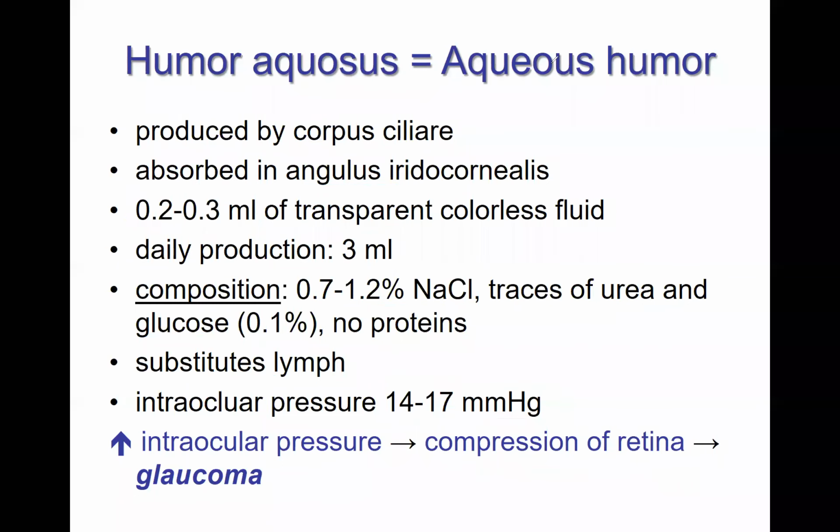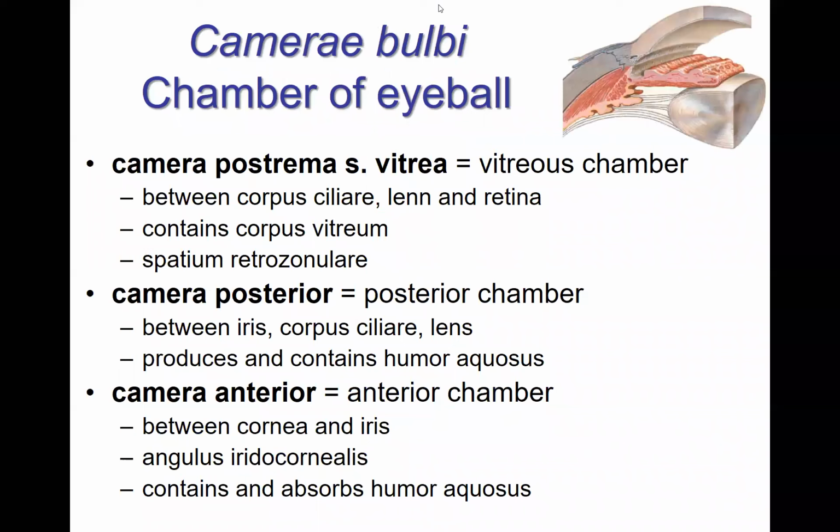So how does the humor aquosus circulate? For that we need to talk about the chambers, but we already know the chambers. This is the anterior chamber, yeah, between cornea and iris. Then we have posterior chamber between iris, ciliary body, and lens. So this is the posterior chamber.